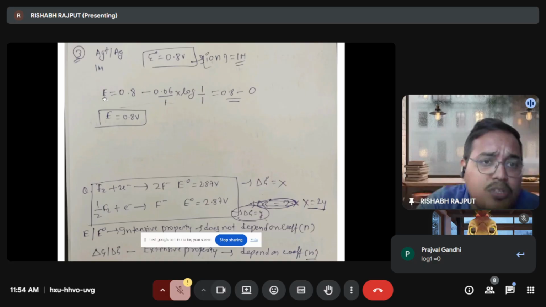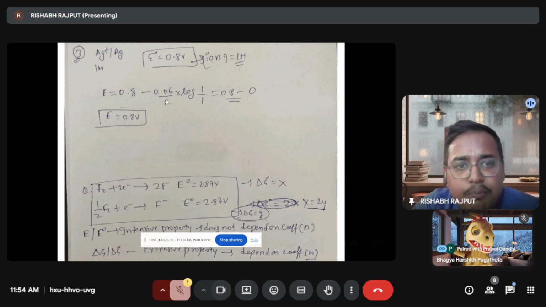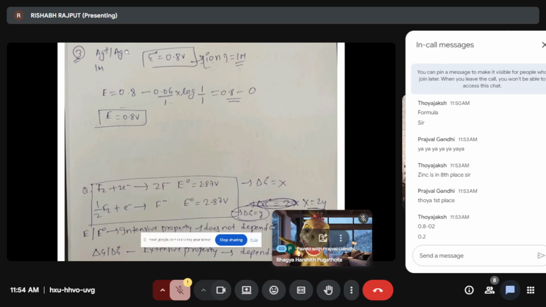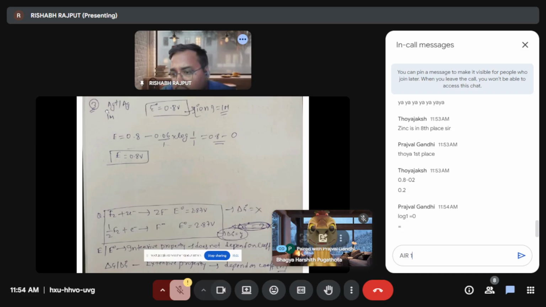So we can use E is equal to E naught, 0.8, minus 0.06. Here we know only one electron is there, that's why I'm putting 1. The product concentration is solid Ag, that is why I'm putting 1, and the reactant concentration is Ag plus, that is why I'm putting 1. So here log 1 comes to 0, that is why your answer will come 0.8.